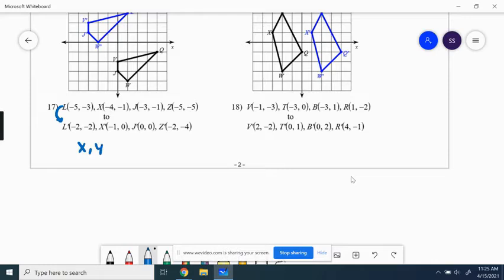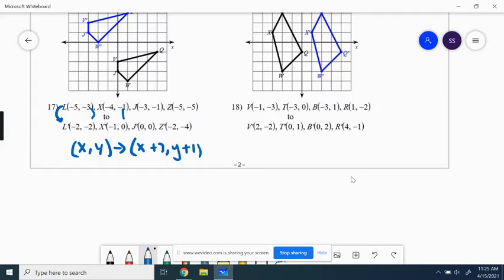So I'm going to write part of this out. I'm taking my X value and I'm adding 3. And now let's see what we're doing with Y. So now I'm looking at my Y values. Oops, and I wrote X's. Looking at my Y values. So how do I go from -3 to -2? Well, I'm adding 1. All right, let's make sure that's the same.